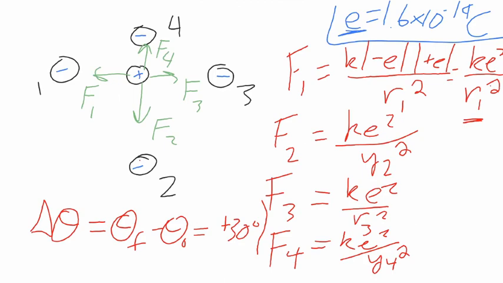Notice that these forces all point either entirely in x or y. So in the x, we have F3 minus F1, and in the y, we have F4 minus F2. So that's actually going to give us some decently clean equations to work with.